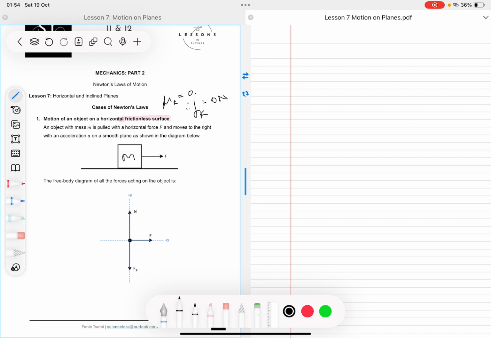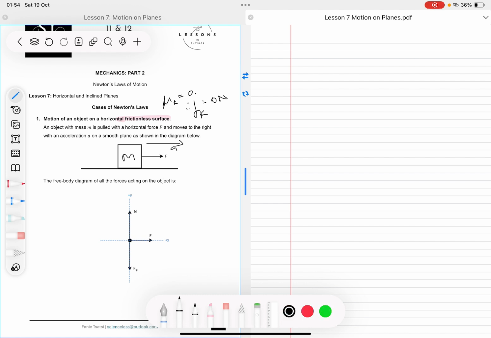Now, this object moves with an acceleration a, right? This would mean that this applied force causes the object to accelerate. It means it is the net force as per Newton's second law.